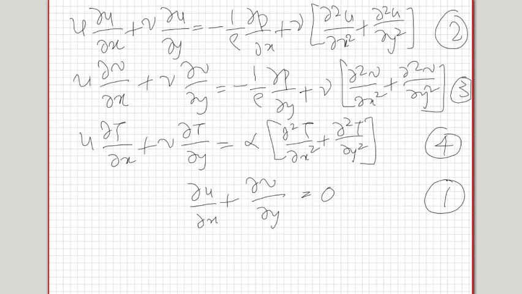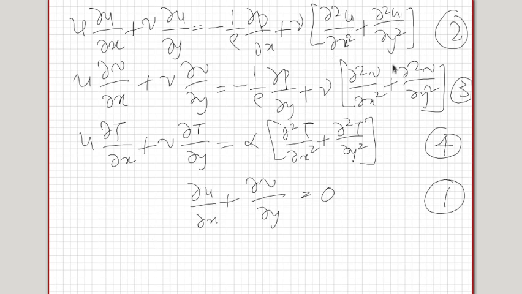So you see that these 3 equations, the equations 2, 3 and 4 look very similar in form, except that there is a U here, there is a V here, and there is a T here. Other than that, the left hand side is the same. The pressure term is present in the momentum equation, which is not present here. Here there is a nu, and in place of that there is an alpha here.